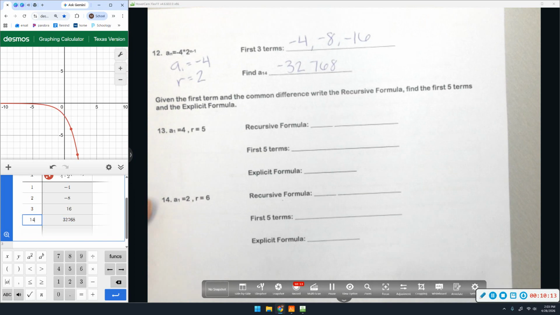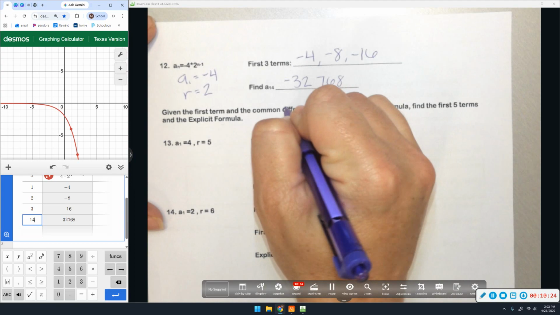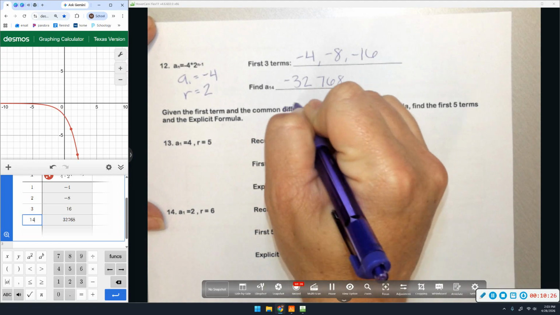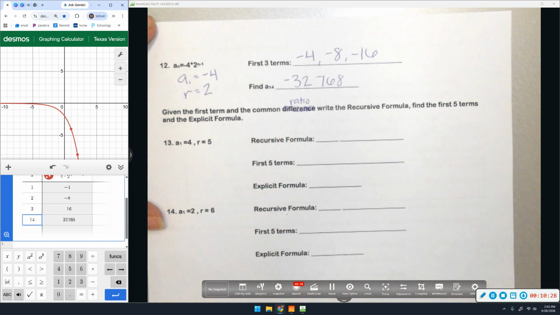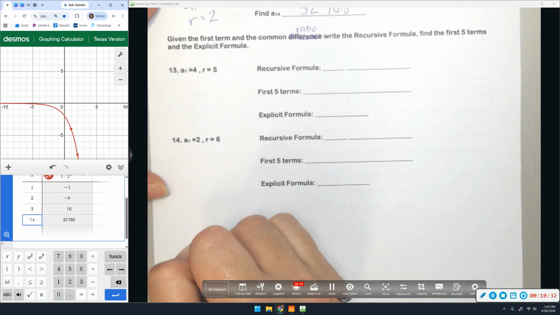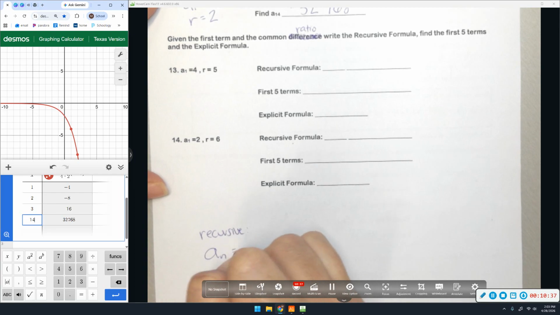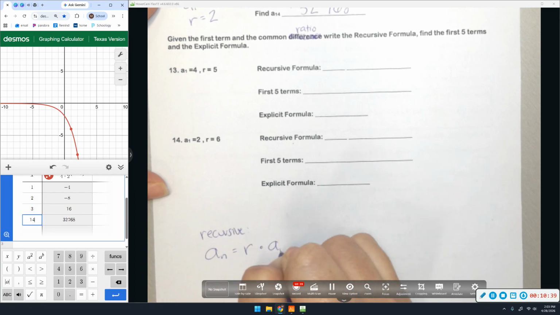Okay, here, it only gives me my first term and my r. Is that enough information to plug it into our recursive formula? Okay, this should say common ratio, by the way. Just a reminder, recursive formula is a sub n equals r times a sub n minus 1.